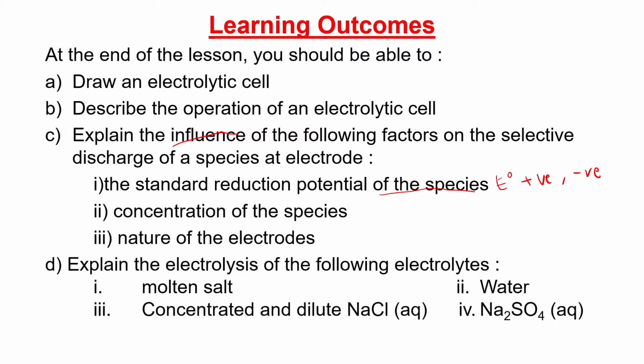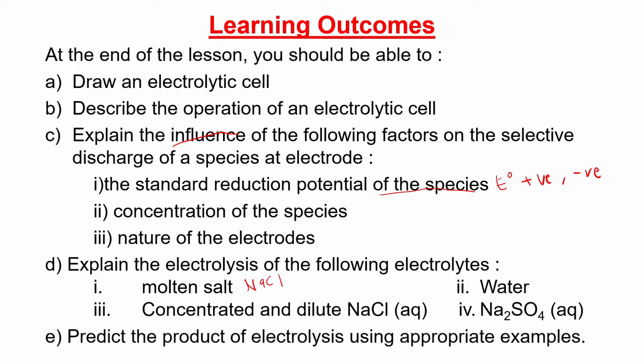Okay, so in our syllabus, we are going to discuss the electrolysis for these electrolytes: molten salt of NaCl, water, concentrated and dilute NaCN, and also Na2SO4. And predict the product of electrolysis at anode and cathode.